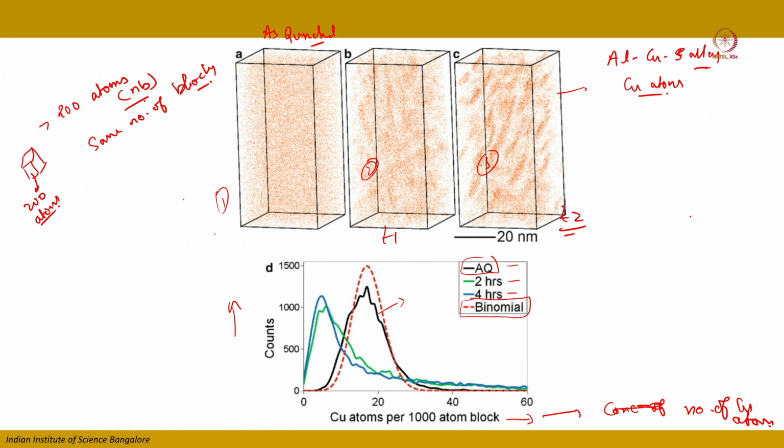Correct. So you can see that in the as quenched sample, if you see the atom map, there is no spatial correlation.